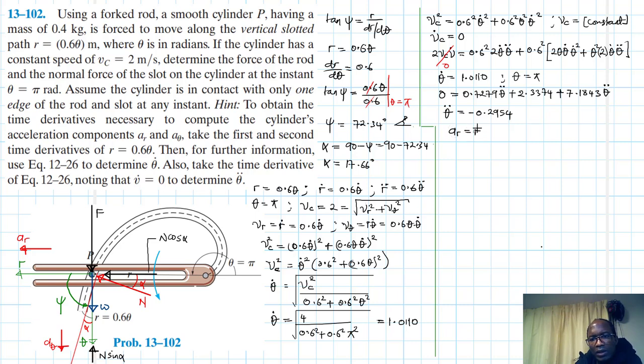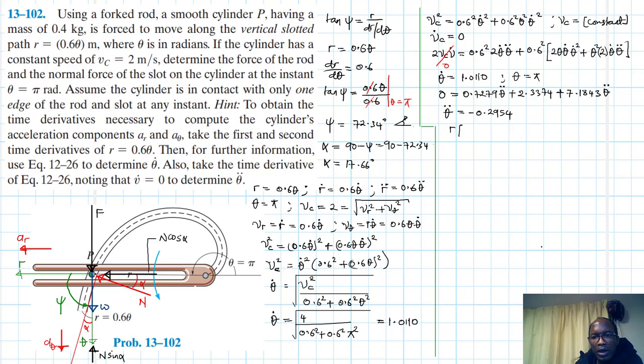AR is equal to R double dot minus R theta dot squared. Did we work out what these values are? Okay, we didn't. Let's work them out quickly.